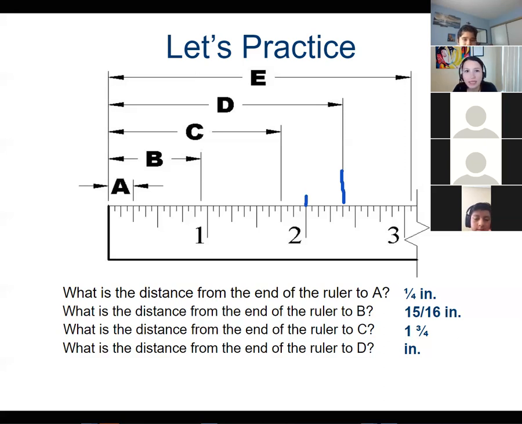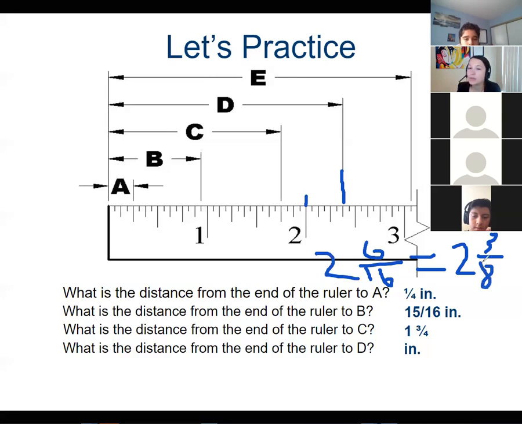Any answers for letter D that you would like to provide? 2 and 6/16. Yeah, 1, 2, 3, 4, 5, 6. And this is equal to 2 and 3/8. Now, some of you are pretty good and can already tell. Do you see the difference in lengths of the ruler? There's a reason for that. It's easier for you to count that way.